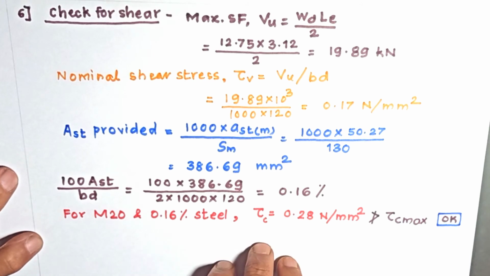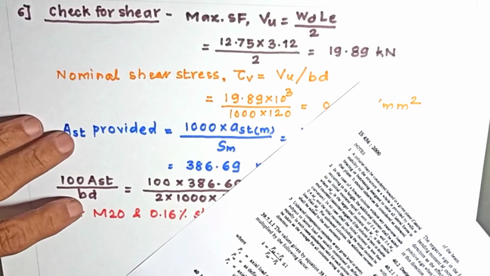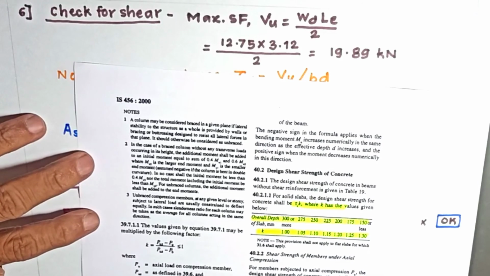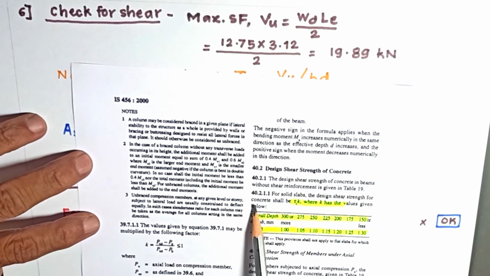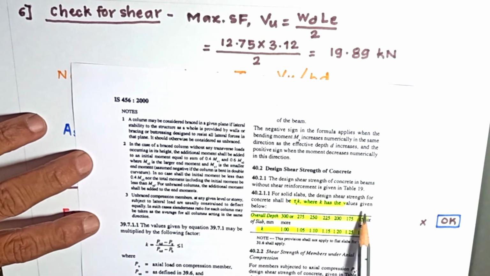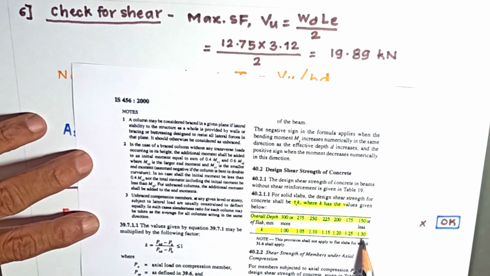you can say that, again we will go on page number 72. See, look here. Design shear strength of concrete for solid slab. Design shear strength for concrete slab shall be taken as K times tau C, where K has the values given below. It depends upon the thickness. If the thickness is 300 or more, it is 1. As the thickness reduces, this value increases, and for the value 150 or less, it is 1.3.